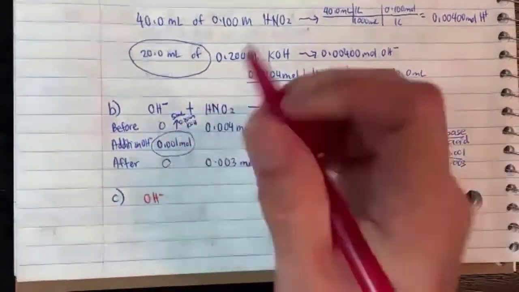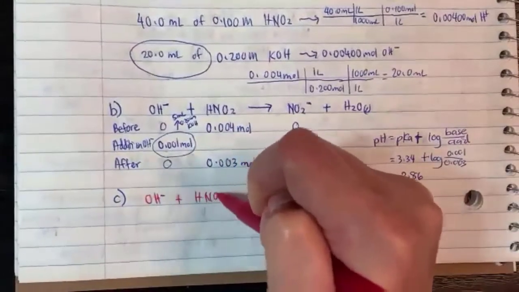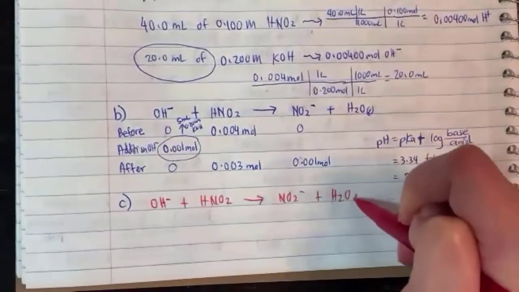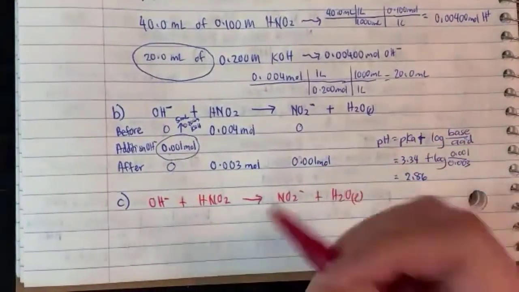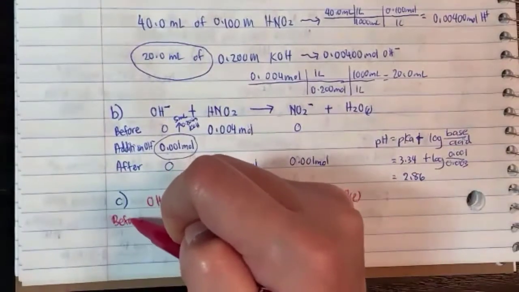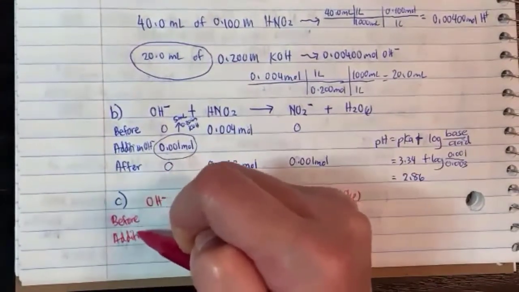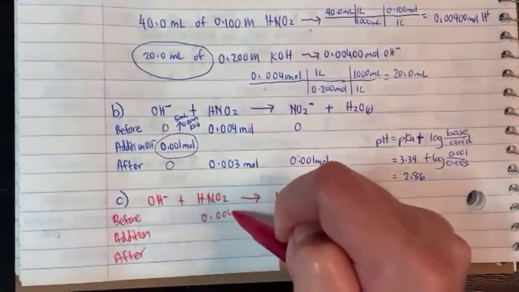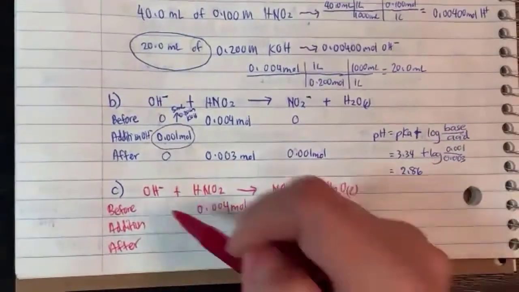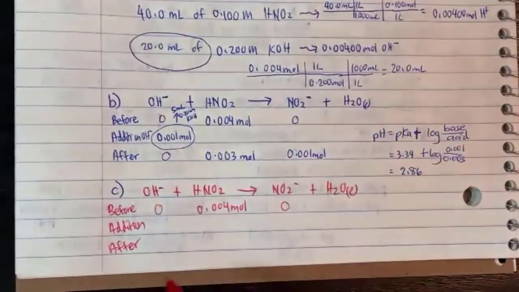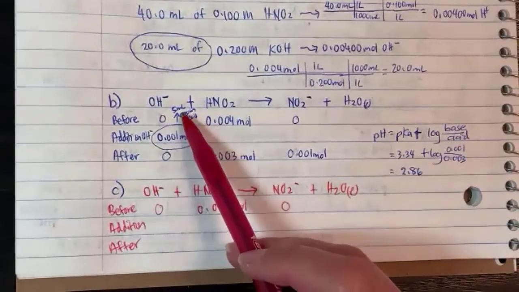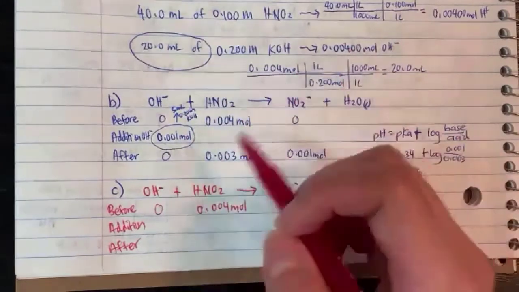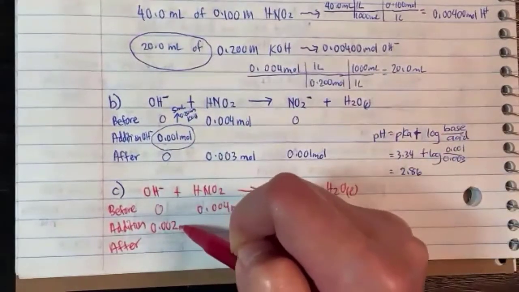You have OH, HNO2, NO2, and H2O, right? Same buffer region still. But now the before, the addition, and the after. The before number stays the same: you have 0.004 moles of this, and everybody else is 0. For the addition, 5 mL was 0.001, so what's 10 mL? 10 mL is double, so 0.002.